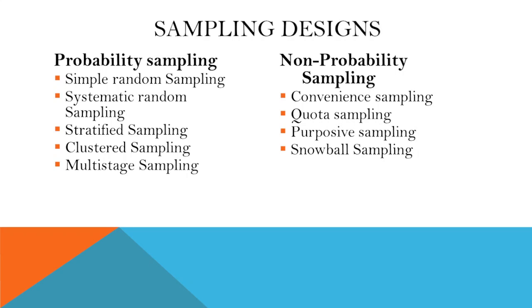Under probability sampling, simple random sampling, systematic random sampling, stratified sampling, clustered sampling, and multistage sampling. Also, non-probability sampling includes convenience sampling, quota sampling, purposive or judgmental sampling, and snowball sampling.